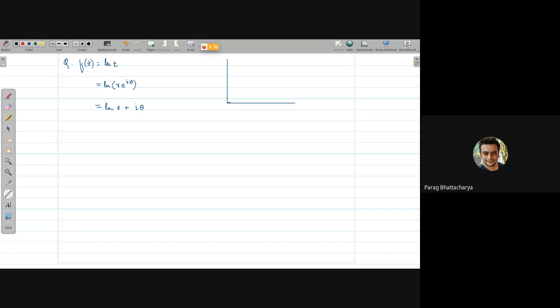So let's say this is a complex number in the complex plane, this is the z, and this z is equal to ln r plus i theta. So r is this one. Now we can find out what r is. r is simply equal to the square root of x squared plus y squared.